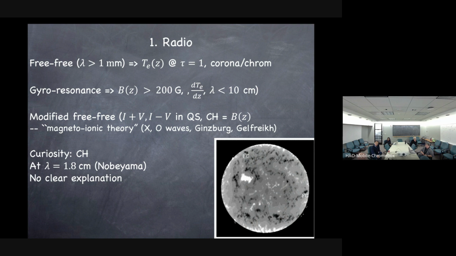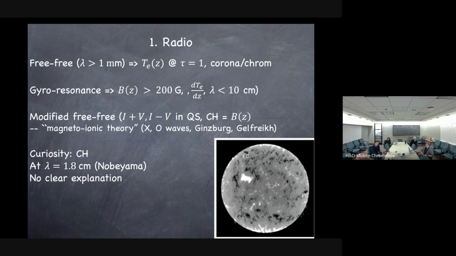Okay. Now, there is another mechanism called gyroresonance, in which electrons circle around field lines. It would be called synchrotron radiation if the electrons were not thermal, but this is just a gyration of thermal electrons radiating.